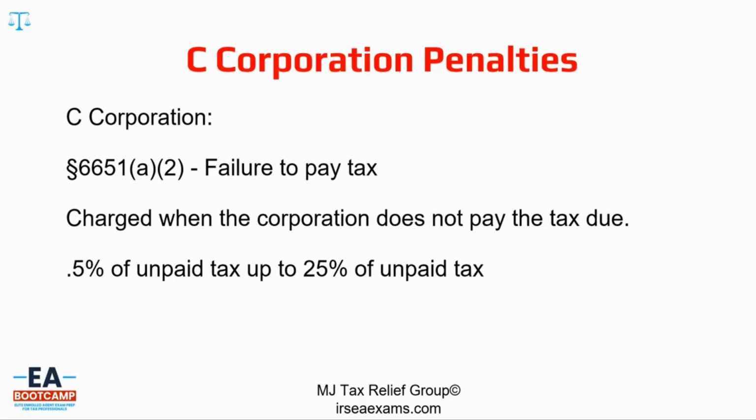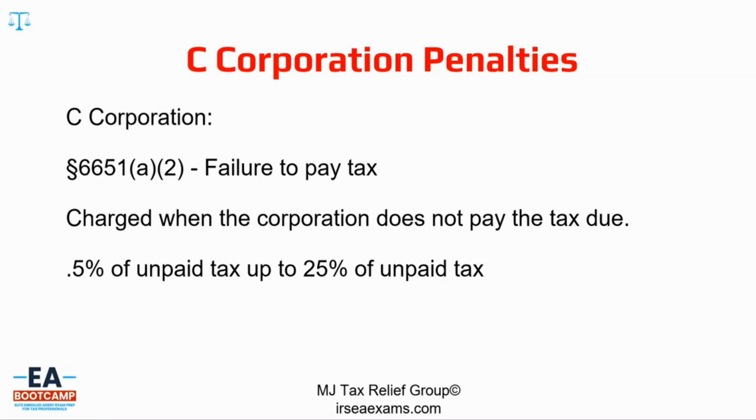Now, the 6651A2 failure to pay is charged when the corporation does not pay the tax due. And so the failure to pay penalty is 0.5% of the unpaid tax up to 25% of the unpaid tax.